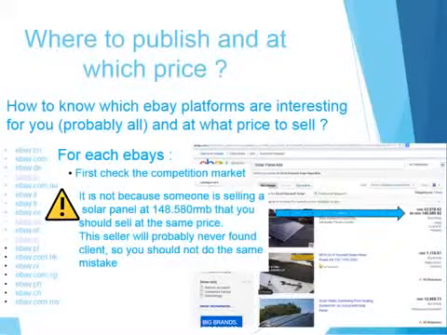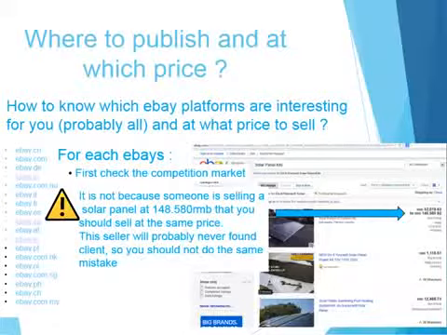And attention, it's not because someone is putting solar panel kits on ebay.com at 46,000 RMB a solar panel, it's not because someone put it at this price that you should put it at this price. He's putting it at this price, but he will probably never sell at this price. So you should not make the same mistake as him.